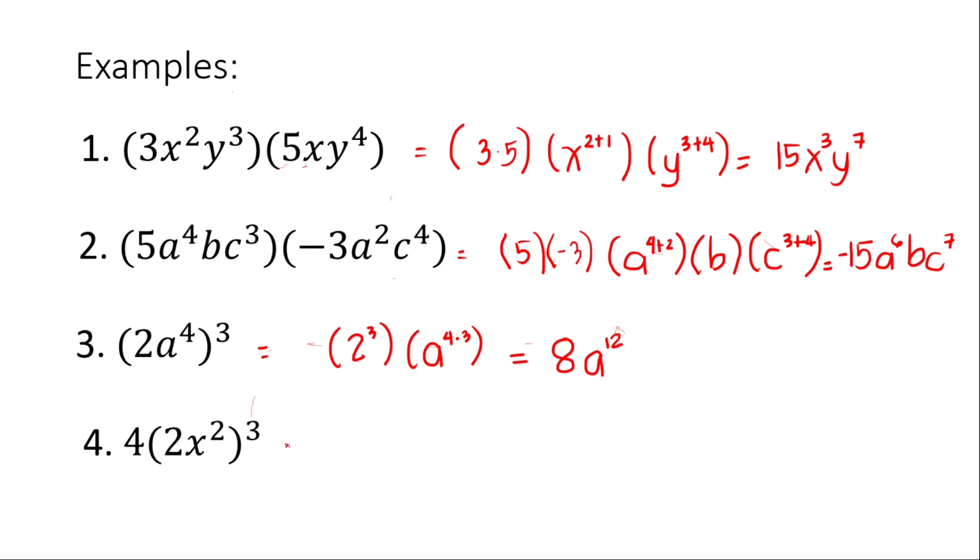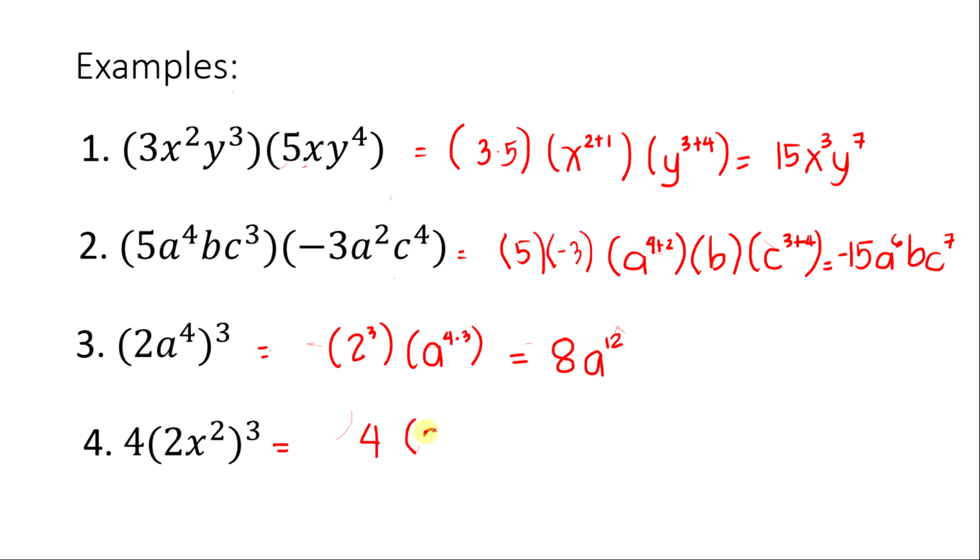Next, we have the term 4 times the term 2x squared, which is raised to the power of 3. So, yung 4 ay nasa labas ng parenthesis. So, what does it mean? Si 4 ay hindi kasama doon sa magkakaroon na exponent na 3.